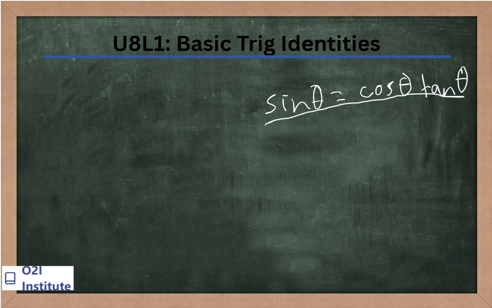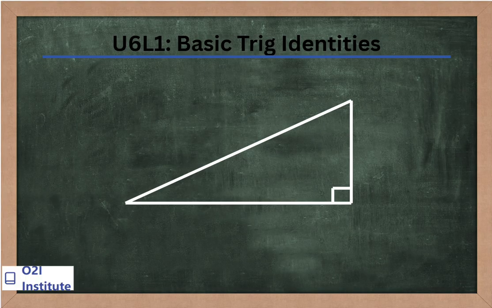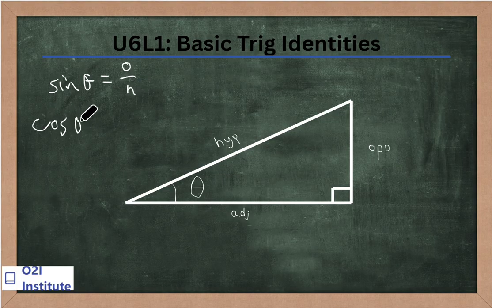And now let's explore some other variations of this. So here I've got a right triangle, and we've got our angle theta, and we've labeled our sides. Now let's just list everything. Sine theta is equal to opposite over hypotenuse. Cosine theta is equal to adjacent over hypotenuse.